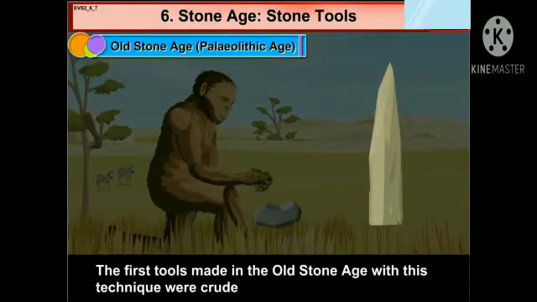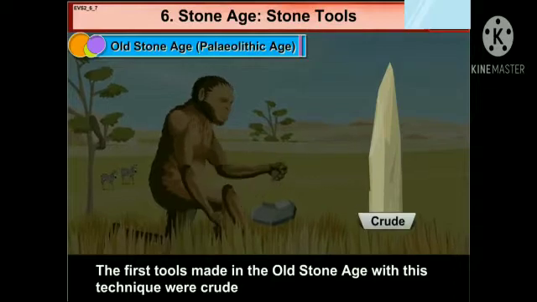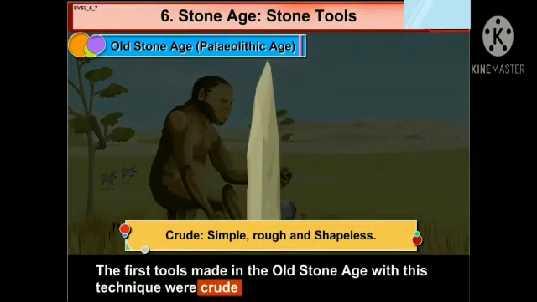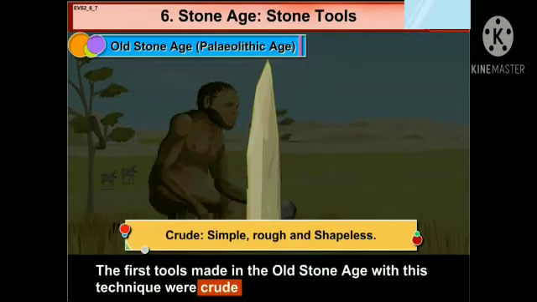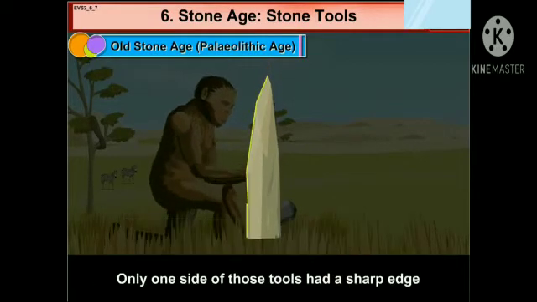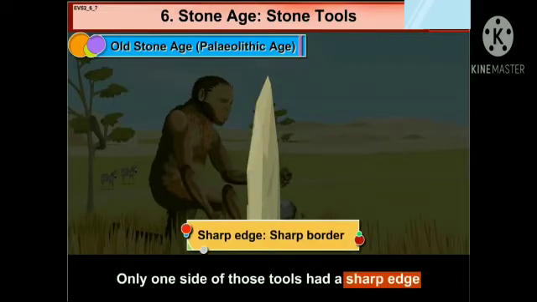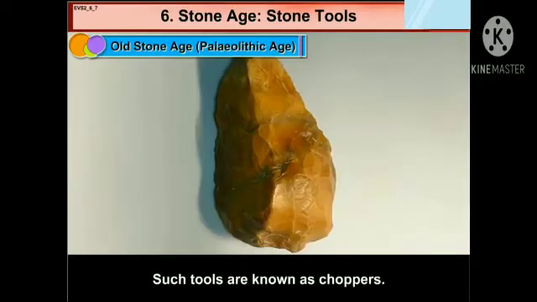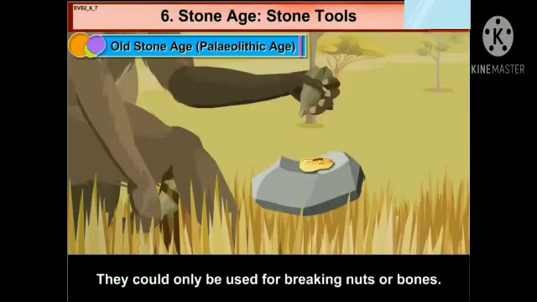The first tools made in the Old Stone Age with this technique were crude, simple, rough and shapeless. Only one side of those tools had a sharp edge. Sharp edge means sharp border. Such tools are known as choppers.